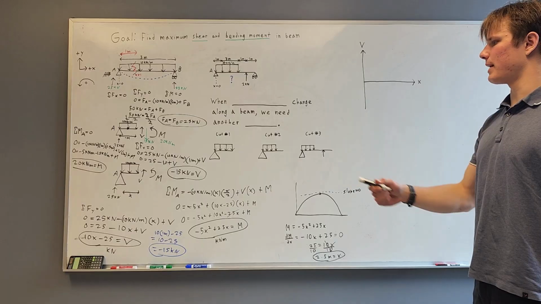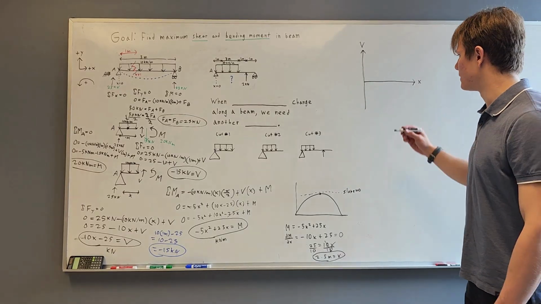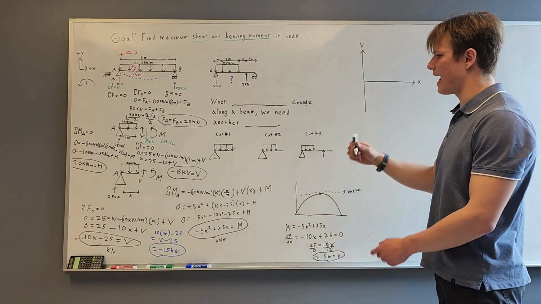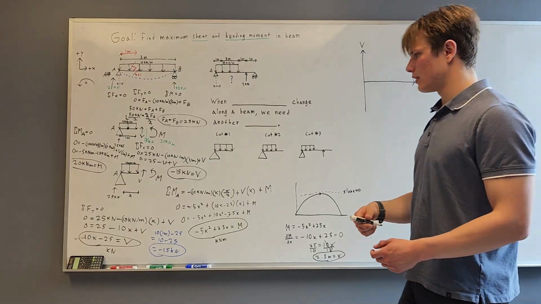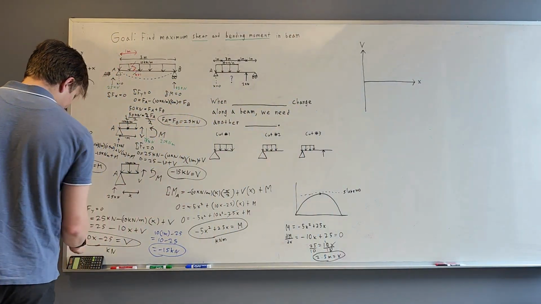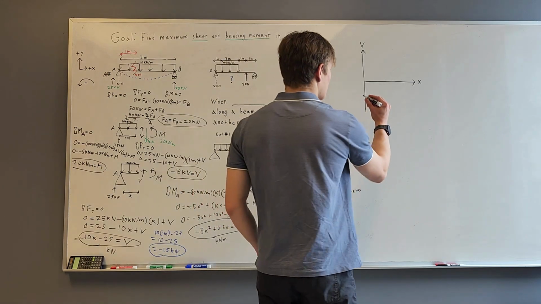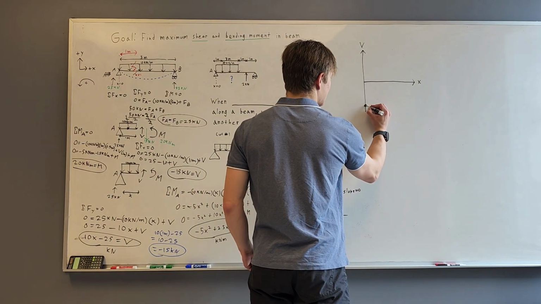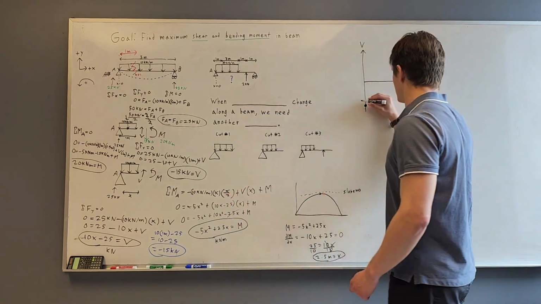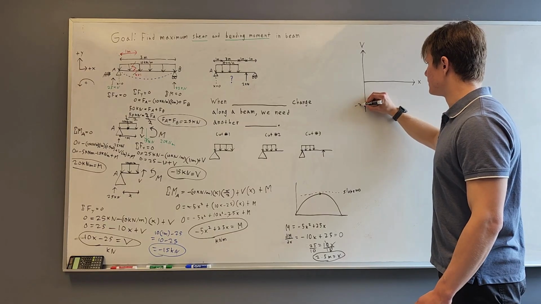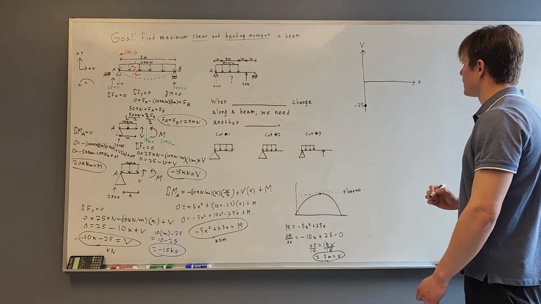So going based off of 10x take away 25, we see that at x equals 0, we'll just be left with negative 25. So our line will actually start down here at negative 25.